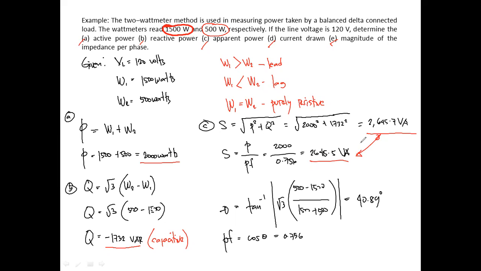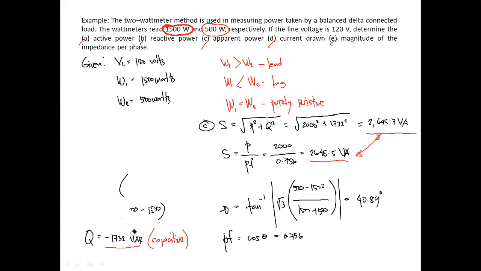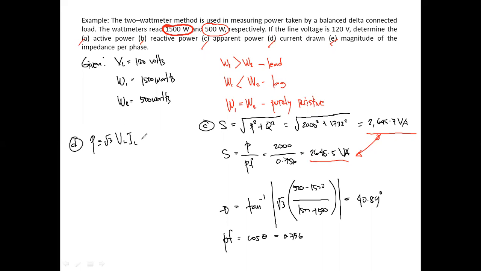Next is the current drawn. Perhaps we can erase this part here. For the current drawn, we can calculate the current I. This is for letter D. Recall the formula: power is equal to square root of 3 times VL times IL times cosine of theta, or the power factor.